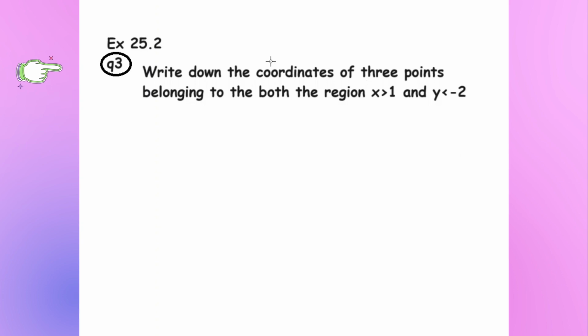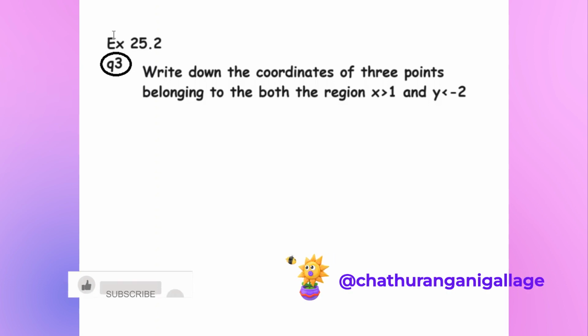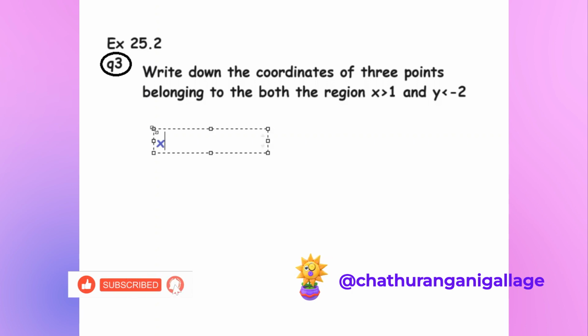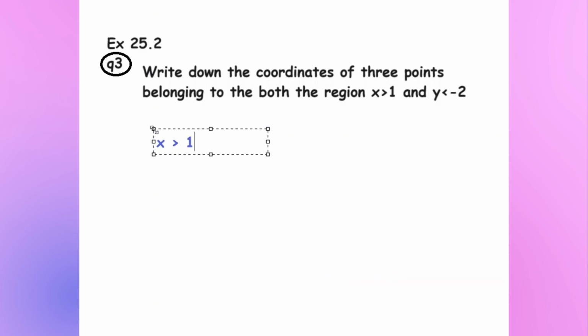Let's see how to do the same question without using the Cartesian plane. The question is, write down the coordinates of 3 points belonging to both regions x greater than 1 and y less than minus 2. First, write the values which satisfy x greater than 1.